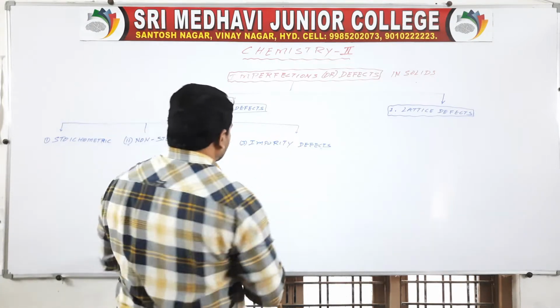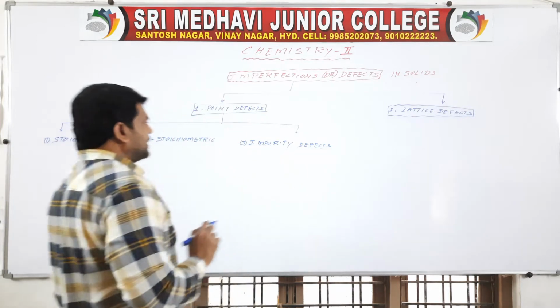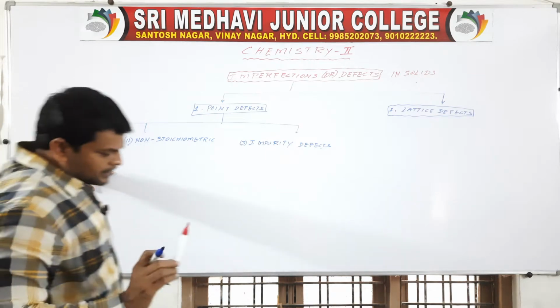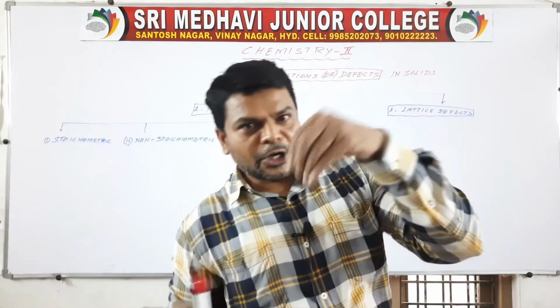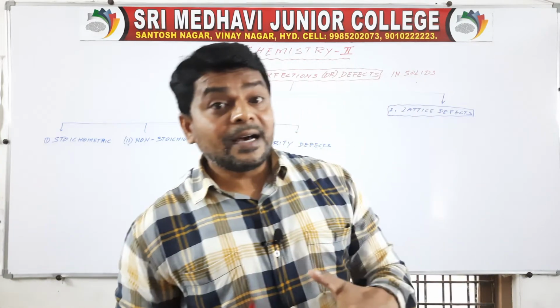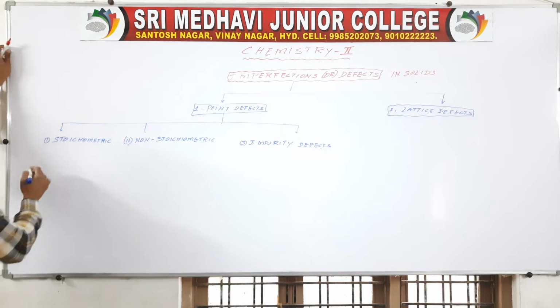Stoichiometric defects are the defects that arise in stoichiometric compounds only. Stoichiometric defects are again divided into four types.